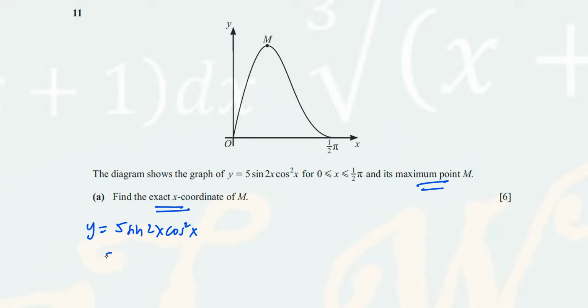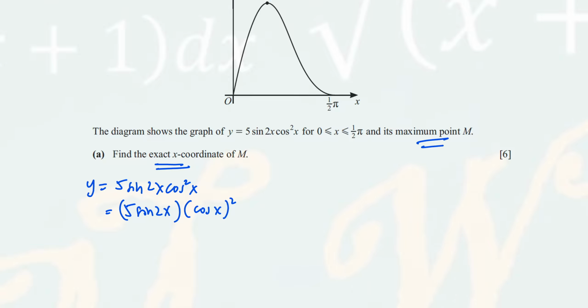I will change this into 5 sine 2x as one term, cos x squared as a second term. And then I apply the product rule because this is multiplication of two terms. So now my u equals 5 sine 2x, my v is cos x squared.